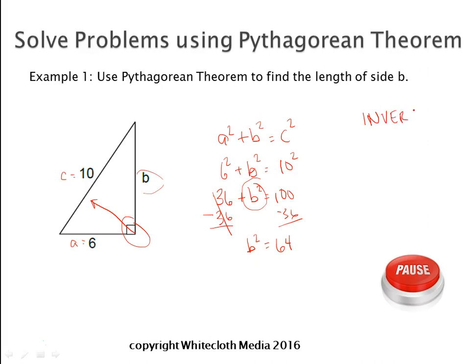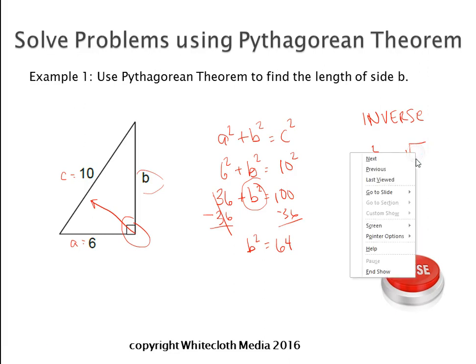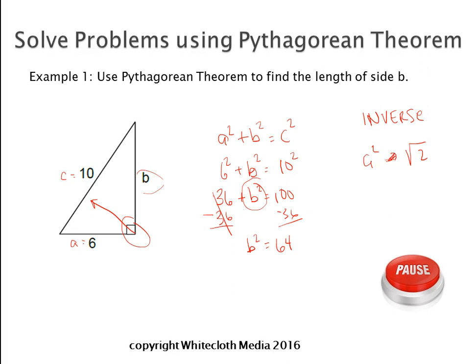The inverse of squaring a number is the square root of that number. So if b squared is 64, then b must equal the square root of 64. So b is equal to 8.